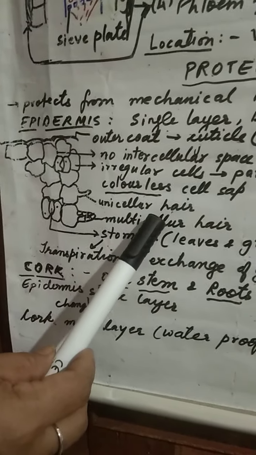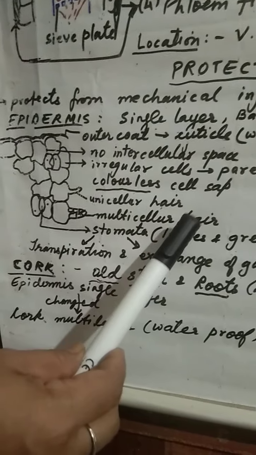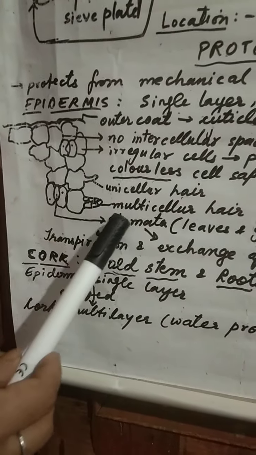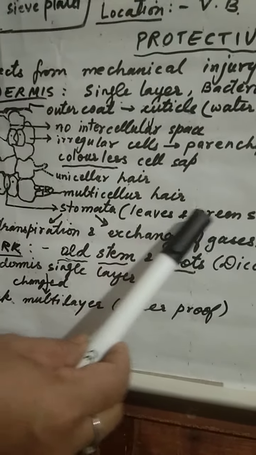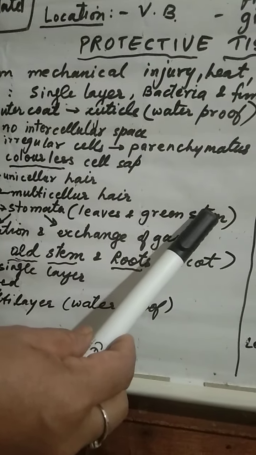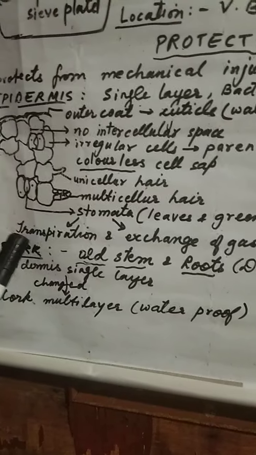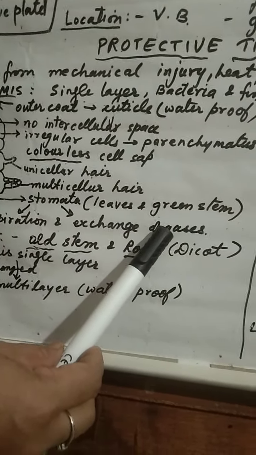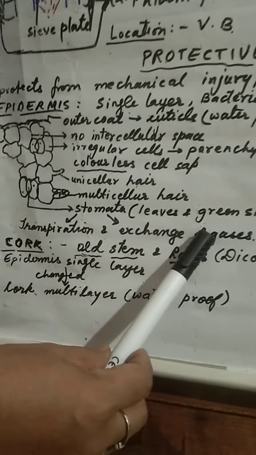Sometimes multicellular hairs are also seen depending upon the plant. In this epidermis, you can see this structure. This is called stomata. These are generally present in the leaves and the green stems only. And what is the function of stomata? They help in transpiration and also in exchange of gases, that is, they give out oxygen and take in carbon dioxide.